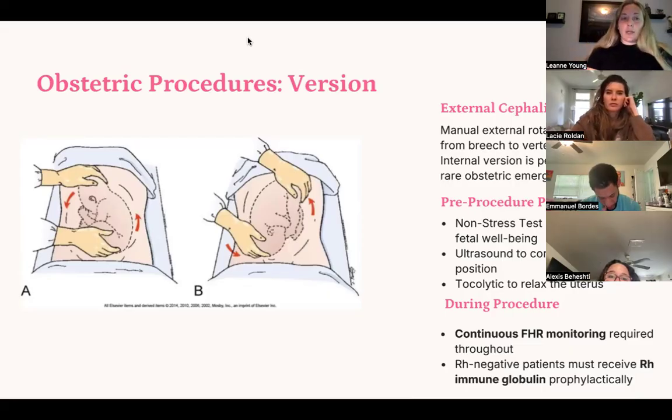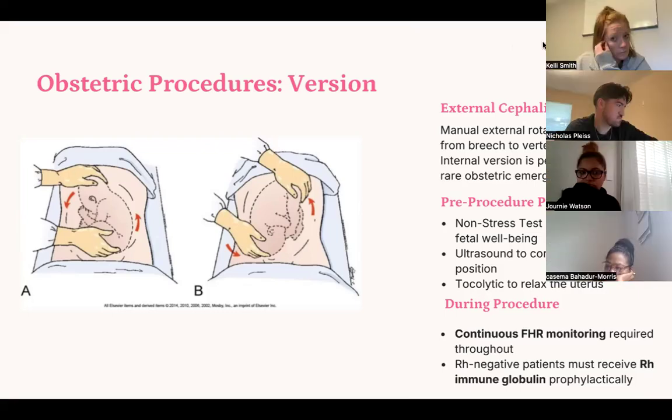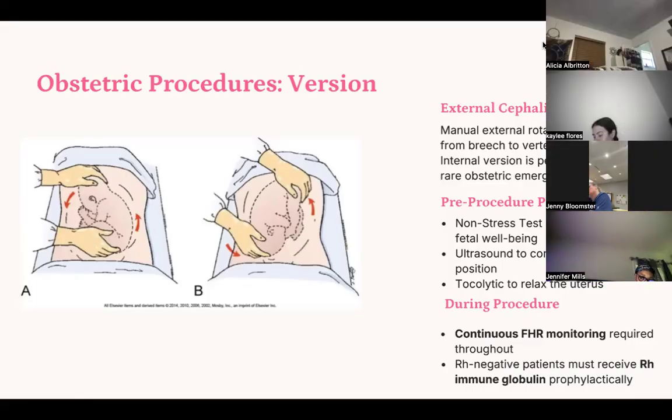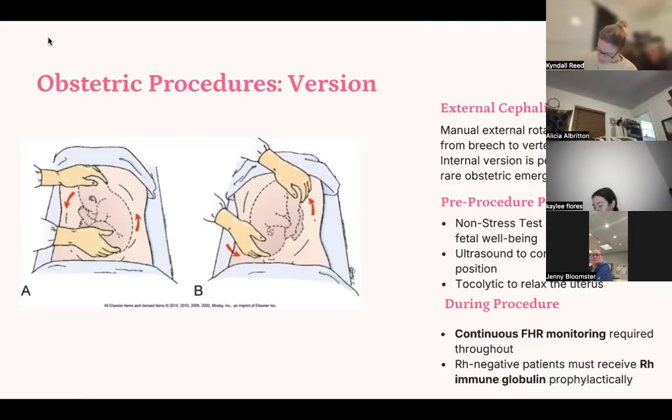During the procedure, we continuously monitor the fetal heart rate. If mom is Rh negative, she is going to need to get RhoGAM prophylactically, because this can cause moms to go into labor and deliver. So we need to give this medication prior to the procedure on the off chance that mom goes into labor.